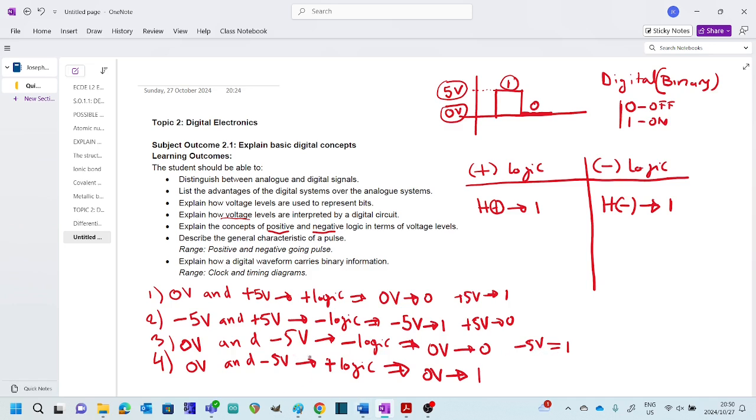But in the same example operating in a positive logic concept, 0 volt is going to represent a 1, because in this concept, 0 is more positive than negative 5. Negative 5 volt is going to represent a 0. That's it. So this is it for positive and negative logic.